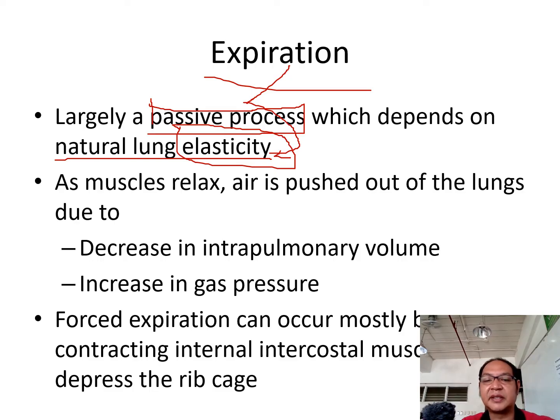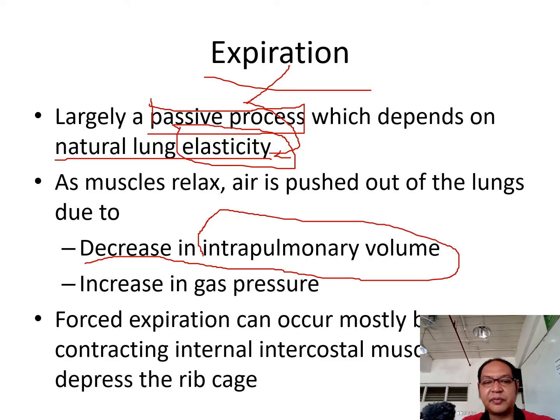Diaphragm and external intercostal muscle. Air is pushed out of the lungs due to decreased intrapulmonary volume. So the volume will decrease, the pressure inside will increase. Okay, exhaling the gas. Okay, so an increase in gas pressure.